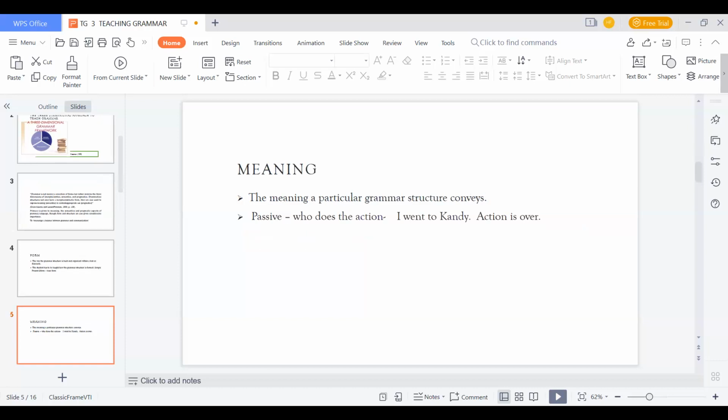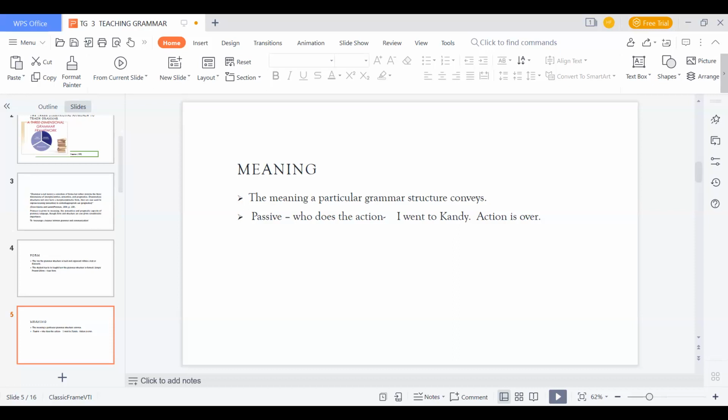So meaning, can you read? Meaning, the meaning a particular grammar structure conveys. Passive, who does the action? I went to Kandy, action is over. You should know the meaning of that. For example, simple present tense, it happens on a regular basis. Simple past tense, the action is done and it's over. Now passive, otherwise they can't get the meaning.